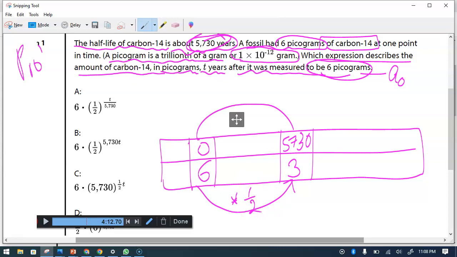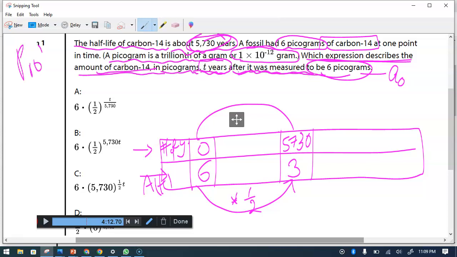So the first input is the number of years, and this is the amount, you can even call it A of t. Now the question is, which expression describes t years after it was measured?